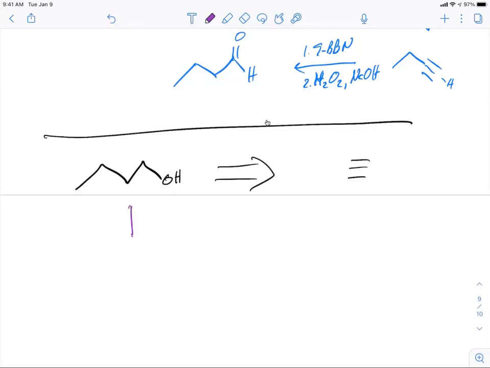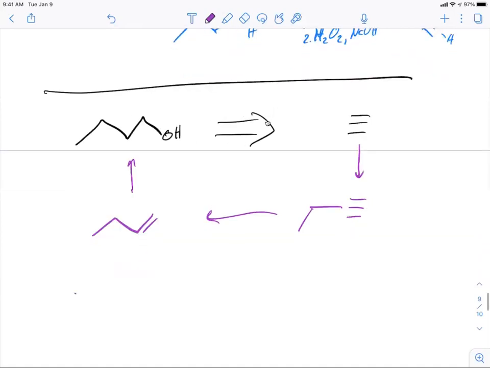Here, right, we're going to need to have an alkene. We also know we're going to need to add 2 carbons, right? So we got to add 2 carbons. Then we're going to have to turn that alkyne into an alkene so that we can get the alcohol. If we try to do it from the alkyne, right, we're going to end up with the aldehyde.